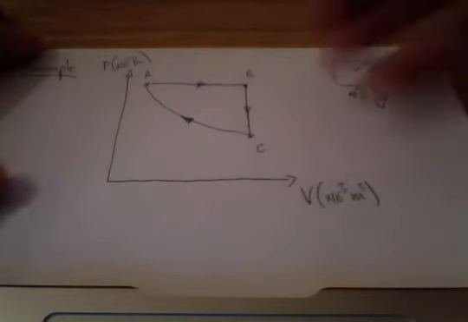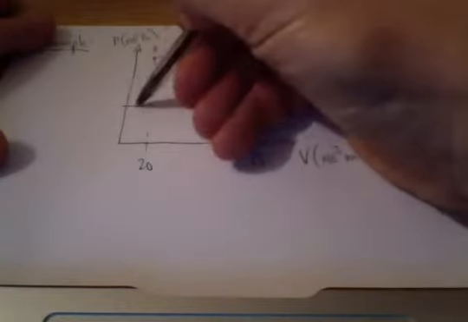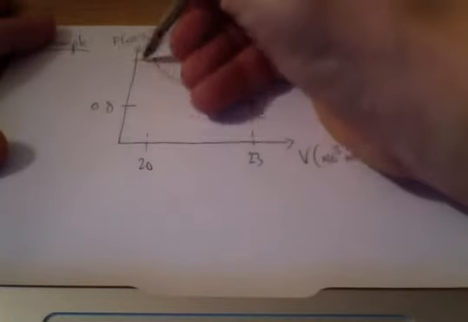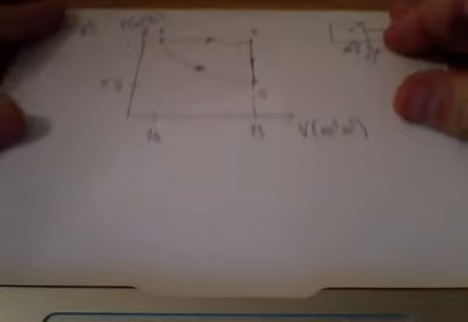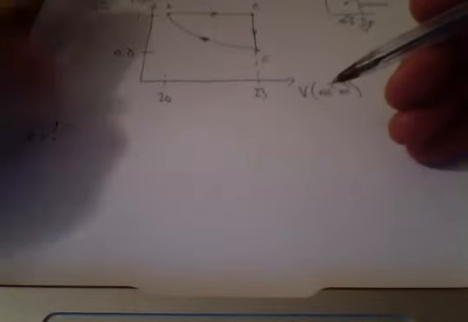Let's put some numbers to it so we're familiar with what's going on. 23, 20, we have a lower point of 0.8 and a higher point of 1. So I suppose first of all, let's work out the number of moles. If you think you can do it, hit pause, give it a go, otherwise I'll work the solution straight away.